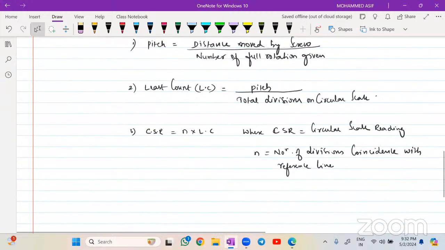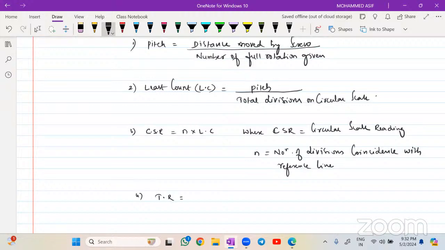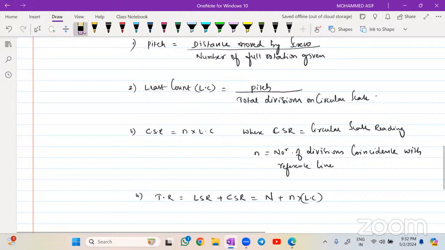Now, how do you calculate the total reading? Total reading will be equal to linear scale reading, that means main scale reading, plus circular scale reading. I'm representing the linear scale reading by capital N, plus n into your least count. Let me write it down, that will be better.